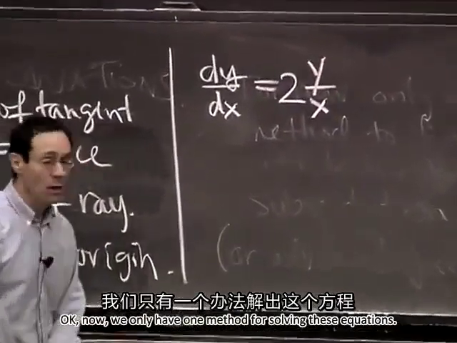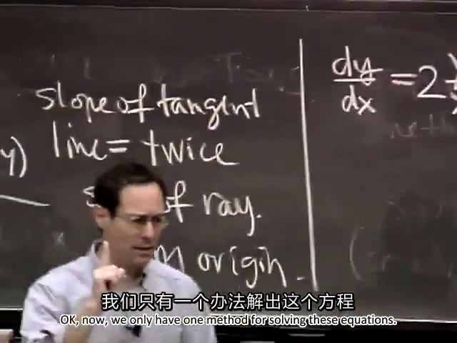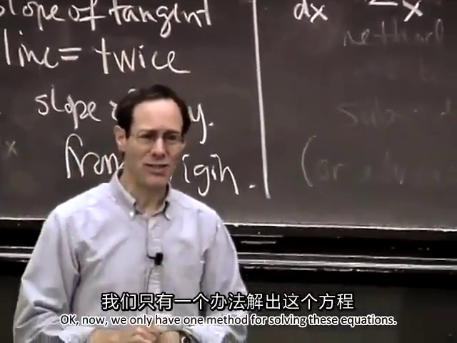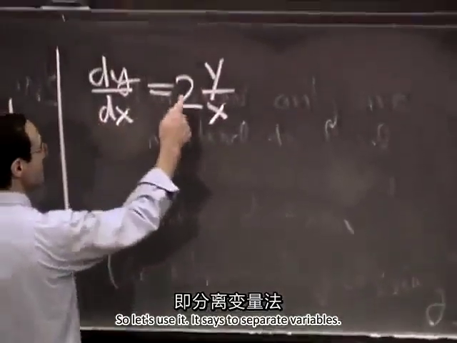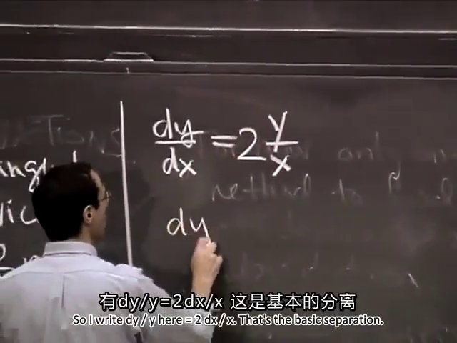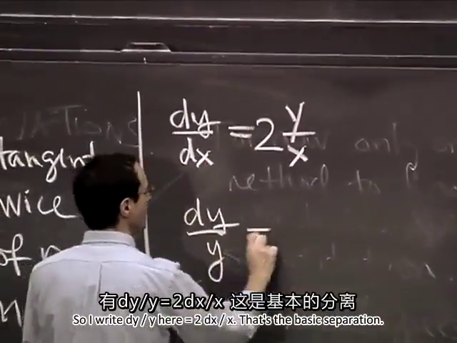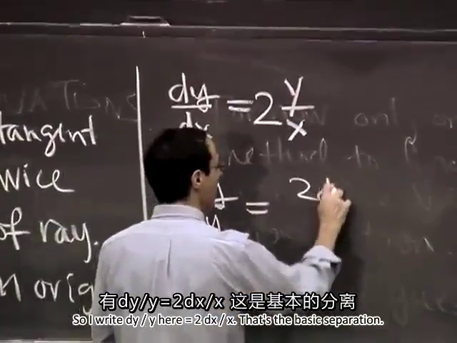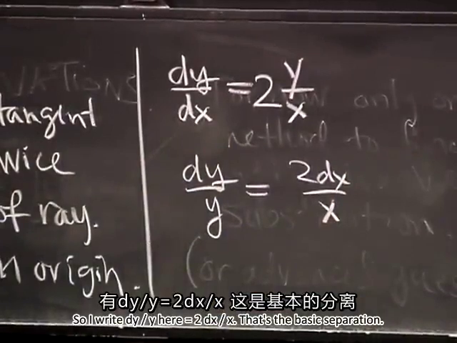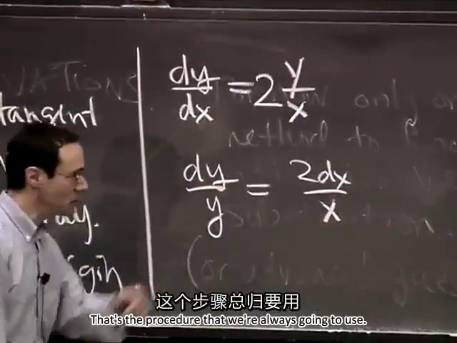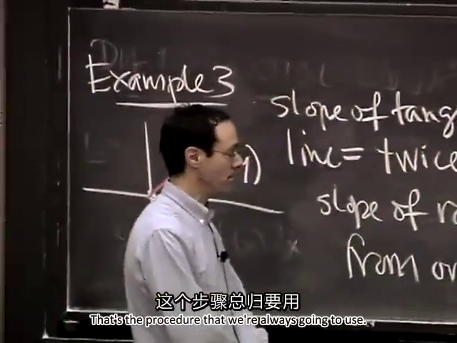Now, we only have one method for solving these equations, so let's use it. It says to separate variables. So I write dy divided by y is equal to 2 dx divided by x. That's the basic separation, the procedure that we're always going to use.